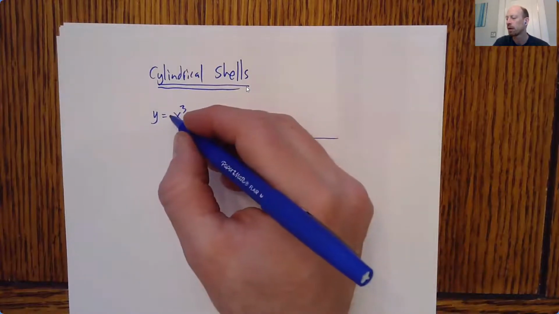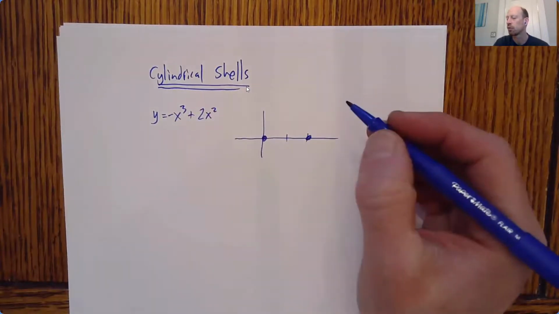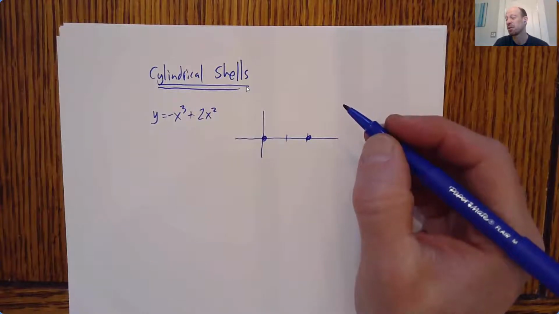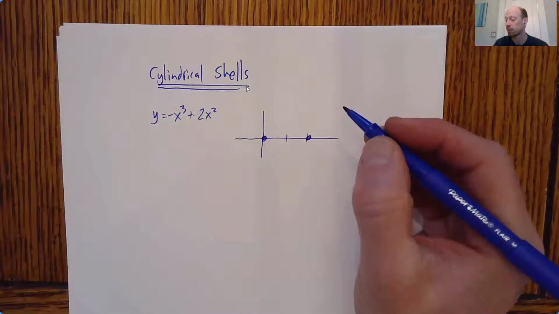It's the other way around: minus 2x squared minus x cubed. I think that works.